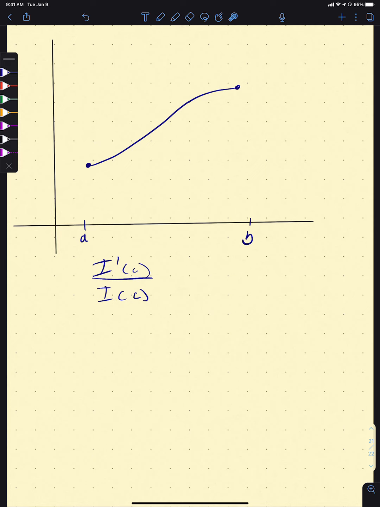What's important here is that it's possible to have, say, the first derivative be positive and the second derivative be negative, which would mean, for a fixed I of t, that the rate at which inflation is happening is decreasing.